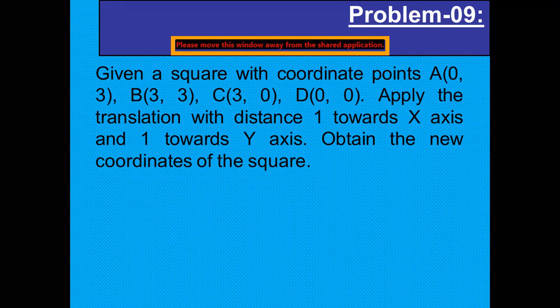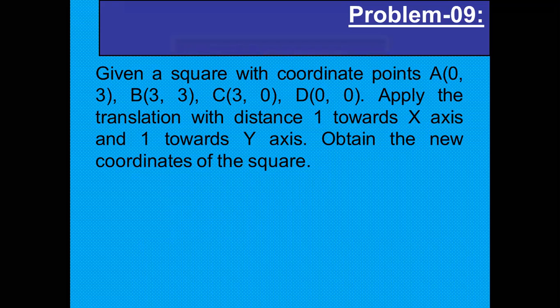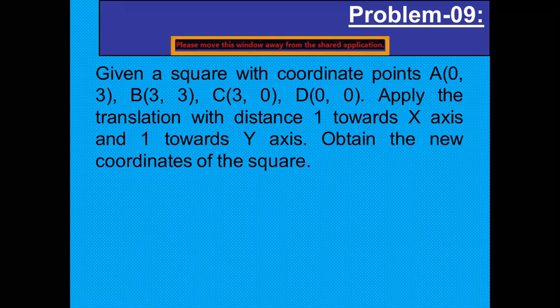So you just have to apply the translation transformation to each vertex of the square, and you can easily calculate the new vertices. Handle them one by one. First choose vertex A, then B, then C, and then D, and apply the same procedure you are already aware of, using the equations of translation: x new is equal to x old plus tx, y new is equal to y old plus ty.